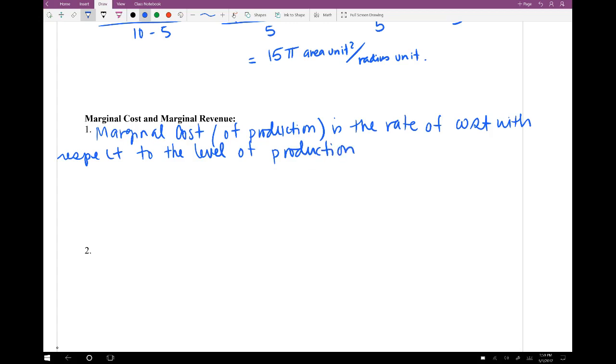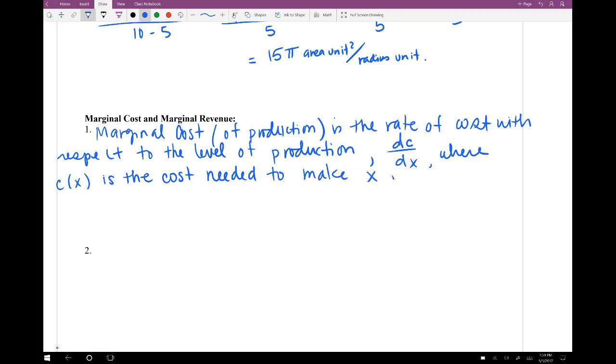So the formula is dc all over dx, where c of x is the cost needed to make x amount of products, okay?